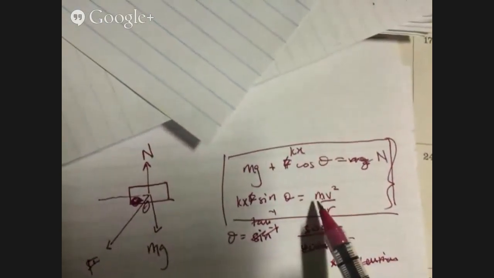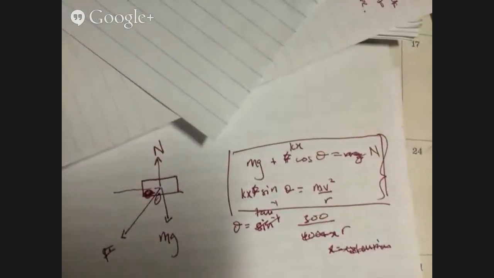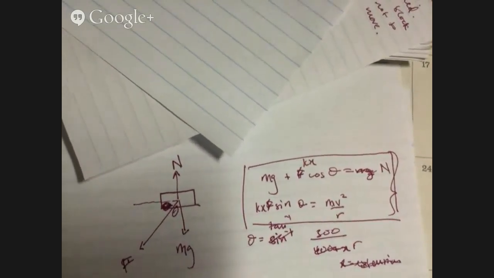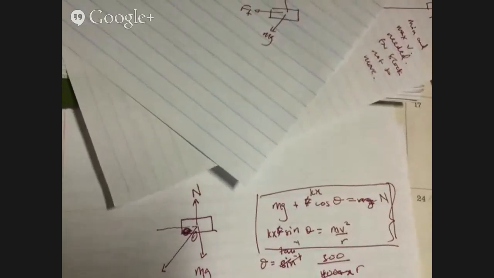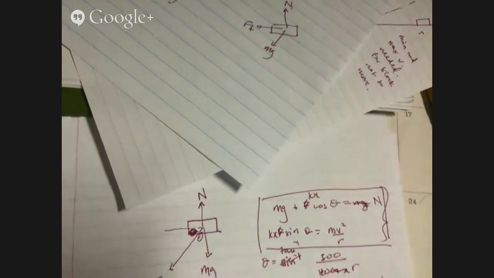Sine of theta is mv squared over r over kx. No, but sine of theta can also be found by the same procedure, because of your geometry. Yes, that's cool.